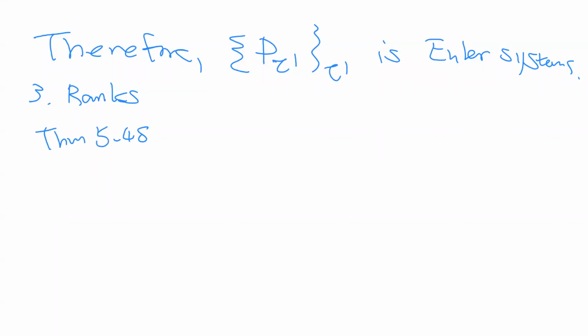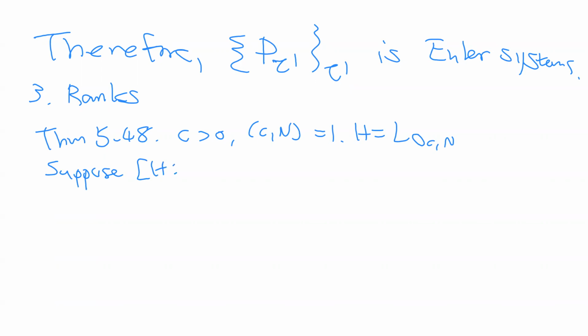So Theorem 5.48 in our paper is this. Say c is bigger than 0 and c is prime to n. Let's say for simplicity that H is the extended ring class field L sub O_c of level n, and suppose its degree over K is prime to p.